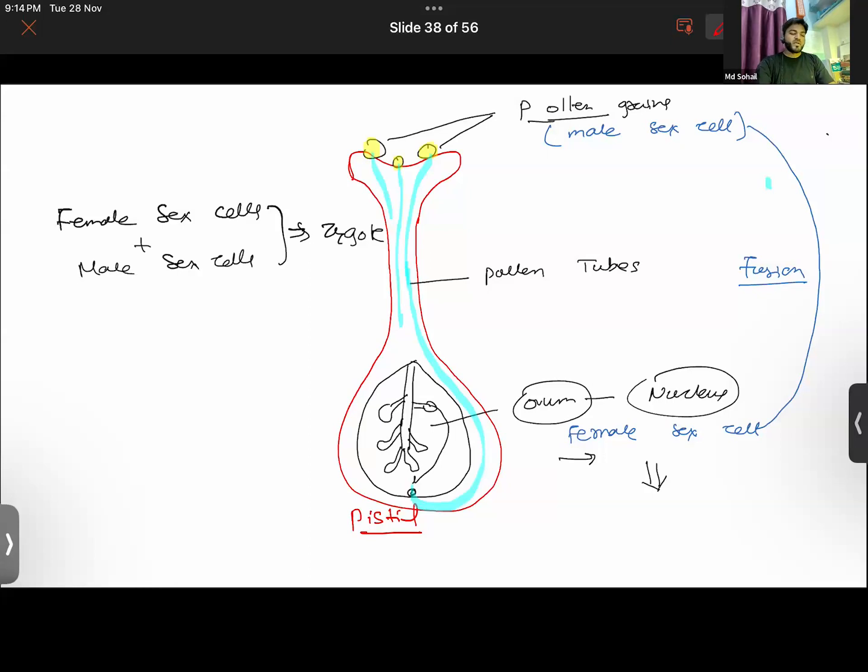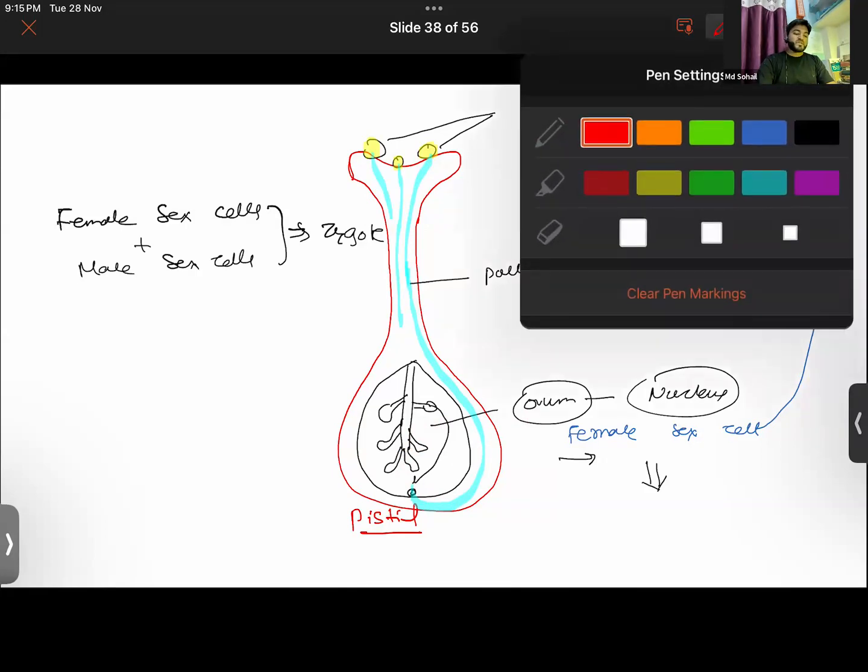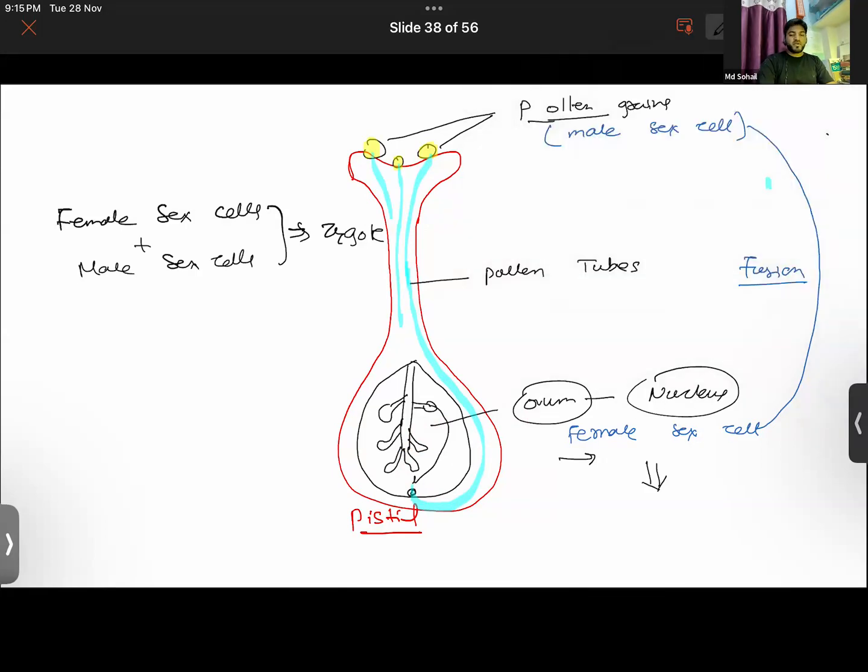The thing is that you need only one pollen grain to fertilize the ovum, to fertilize the female sex cells here, right? So where will the other pollen grains stay? Basically, the flower can't help it. It can't prevent the other pollen grains from sticking on it, right?